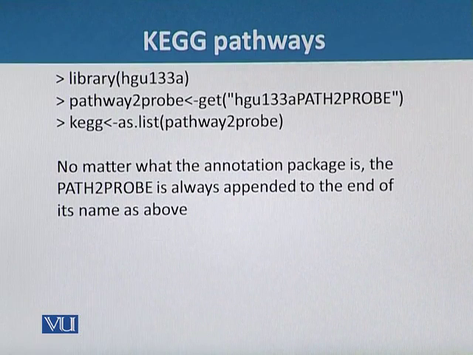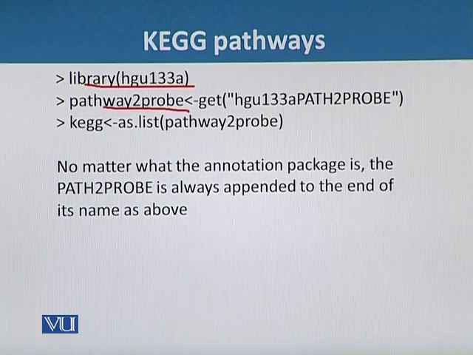We have already seen that we are using the library hgu133a and the path2probe, because we are going to extract the information regarding this pathway, and we are using this command path2probe.